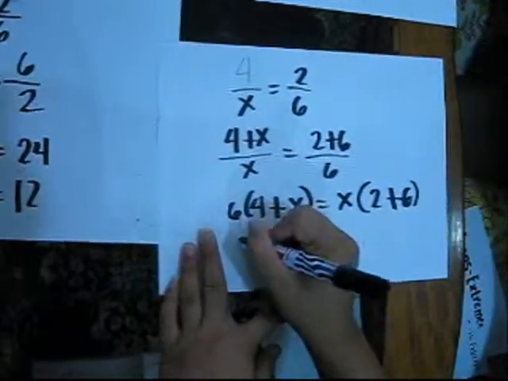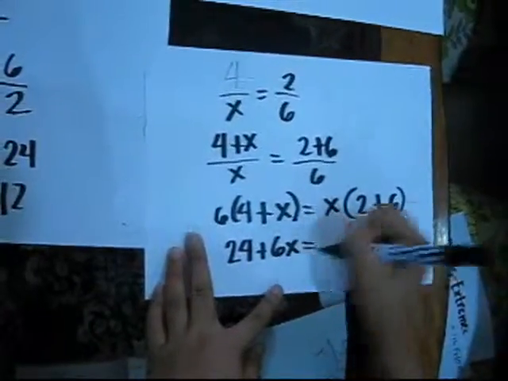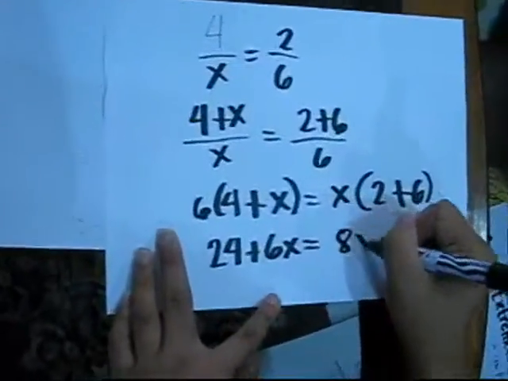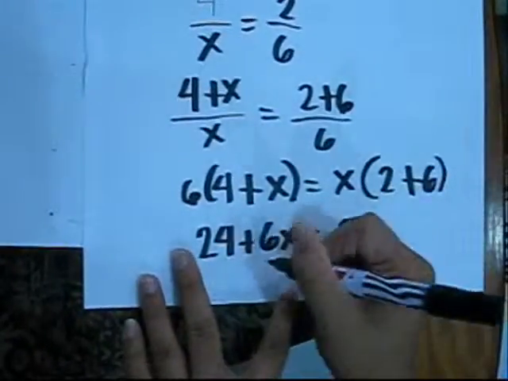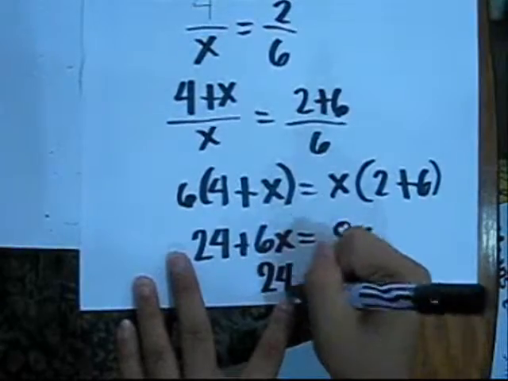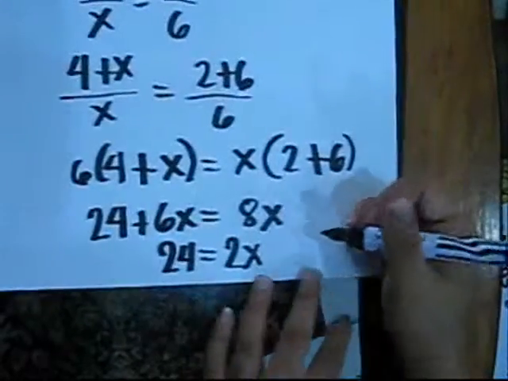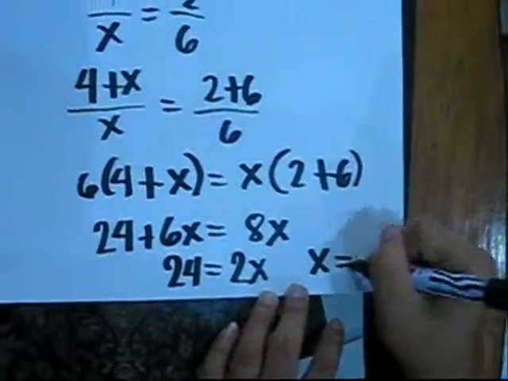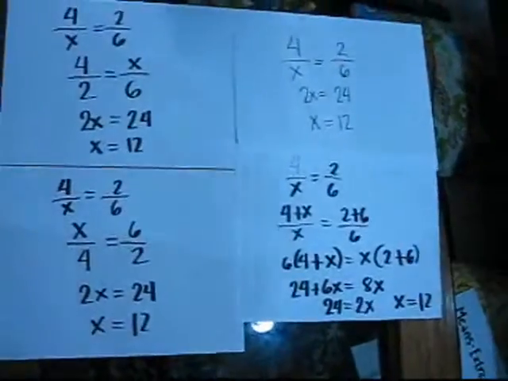So we have 24 plus 6x equals 8x. We need to join like terms, so we have 24 equals 2x. Take 1/2 on each side, so we have x equals 12. Still the same with the other examples.